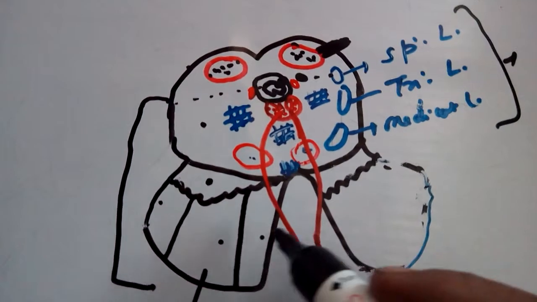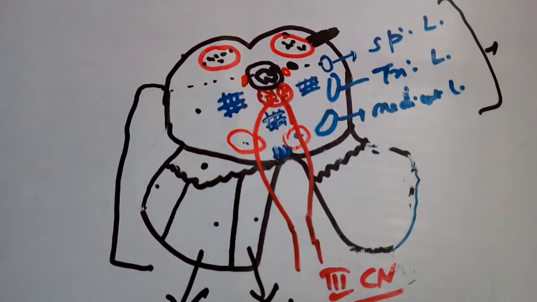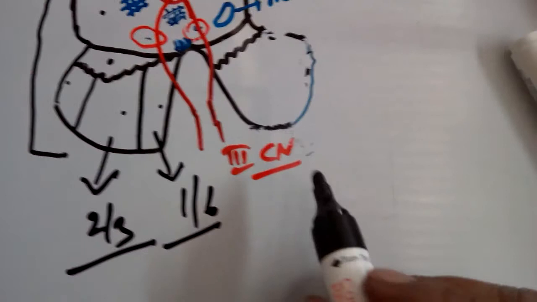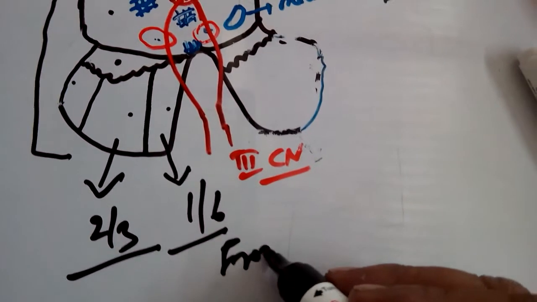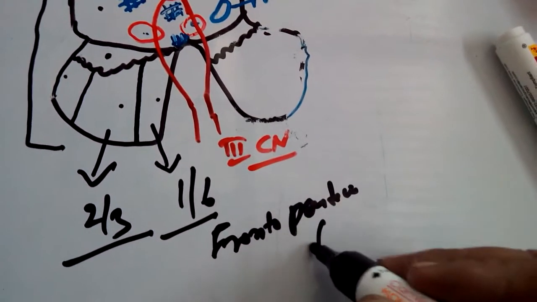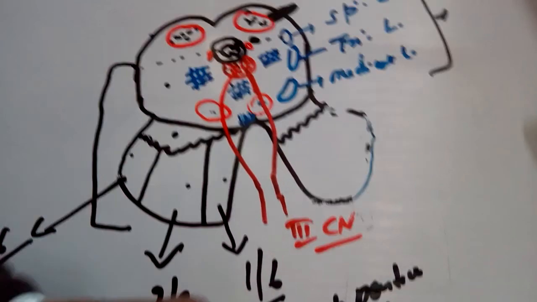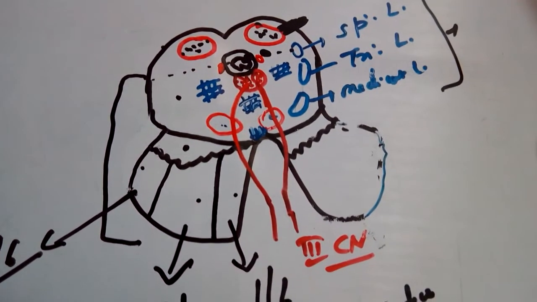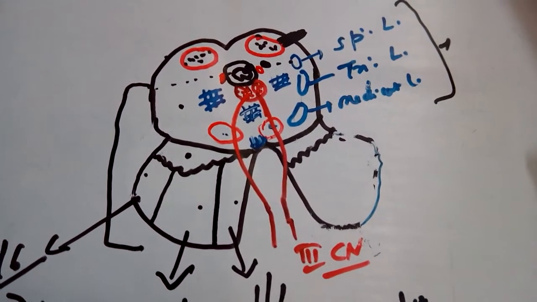Here, this medial 1/6 column has white fibers of frontopontine fibers, and this lateral 1/6 has parieto-, temporo- and occipitopontine fibers.